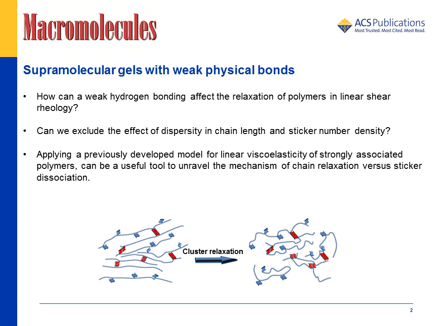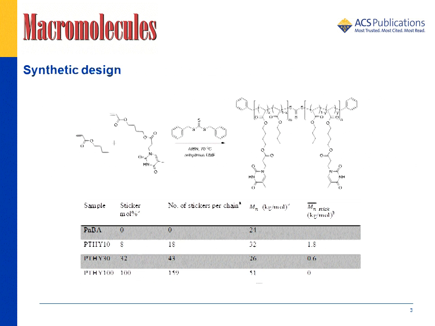However, the effect of weak hydrogen bonding introduced as side groups can be investigated using theories of gelation and the corresponding scaling. This effect can be resolved when there is no dispersity in chain lengths and sticker number density. And a flexible spacer has to be used between the sticker and the main chain.